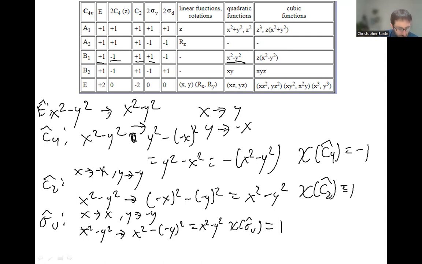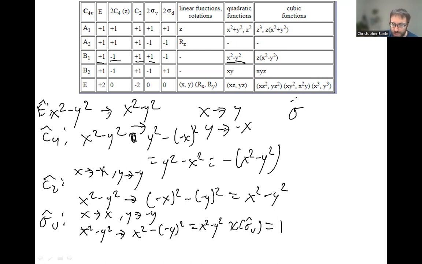And our very last one here, we're running out of room, so I'm just going to erase something. The very last one here is going to be our sigma D operation. If you remember, X went to Y and Y went to X in our example of the sigma D that we chose in our axis system.